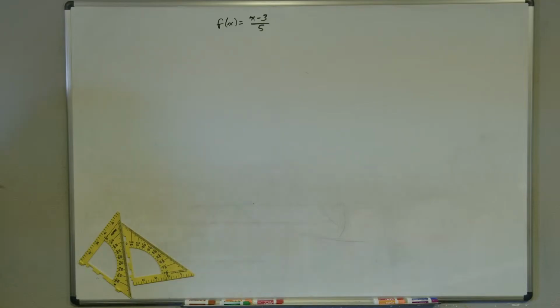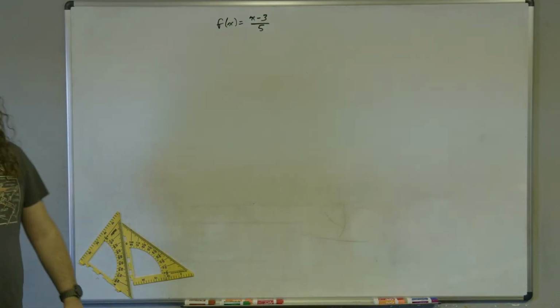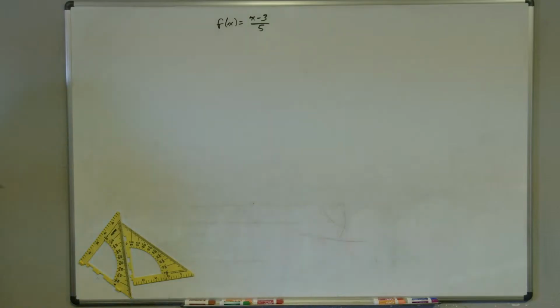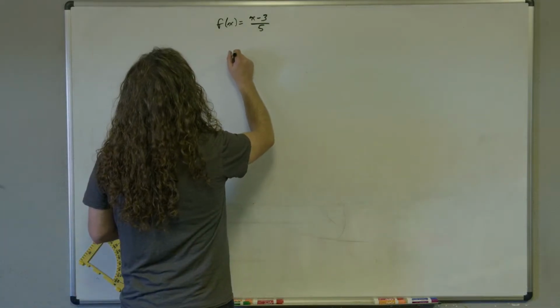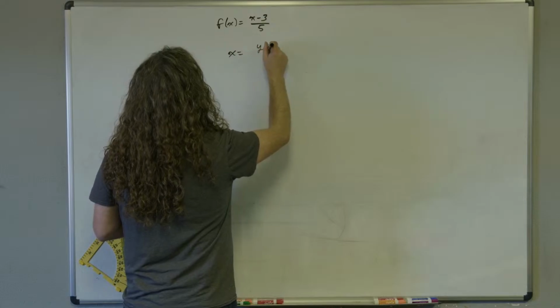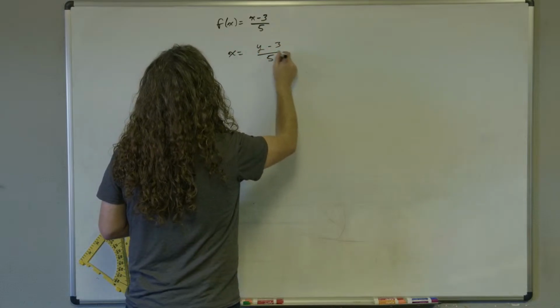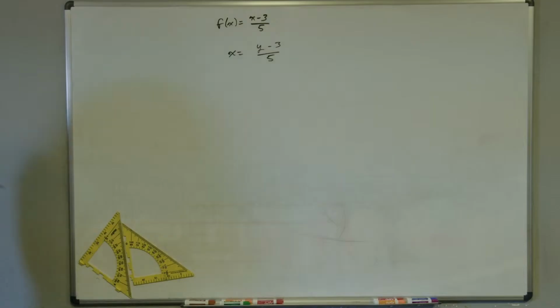Easy peasy. So algebraically, in order to find the inverse, what should we do? Put y in for x and x in for y. So we're going to put an x right here, and we're going to put a y right here. Now what should we do? Multiply times 5.